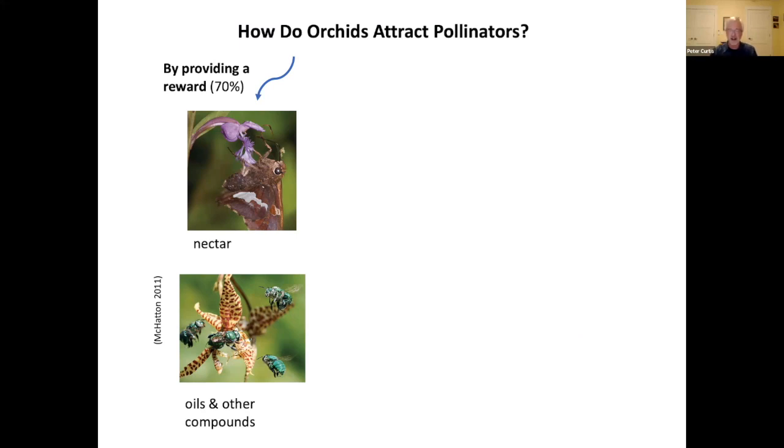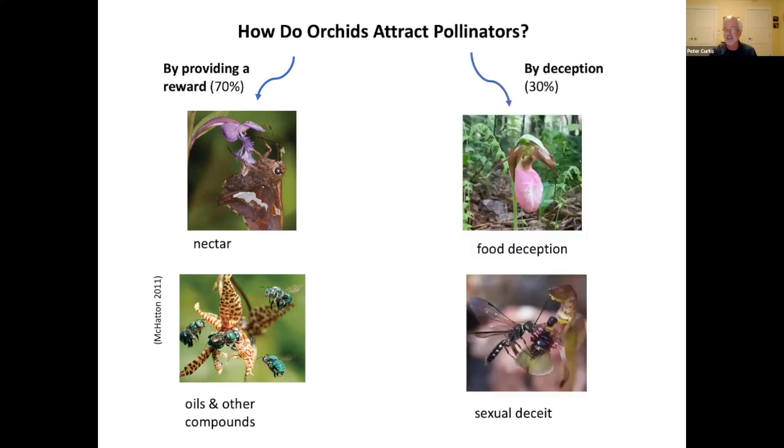There should be nectar or pollen or something that rewards an insect or a bird or whatever for visiting that flower. So many of them provide nectar. Orchids are crazy in that they often provide things like oils and other compounds. These euglossine bees are harvesting oils that are part of their mating rituals. So most do sort of the normal thing, but a sizable number, including the slipper orchids, don't. They provide no reward for a visiting insect or bird.